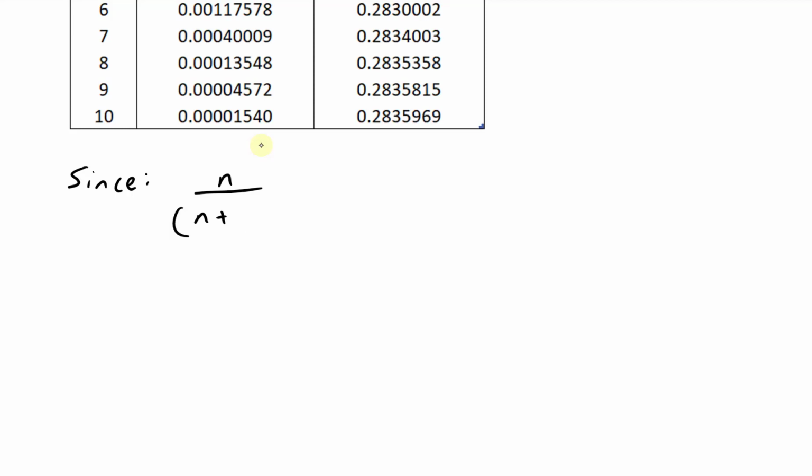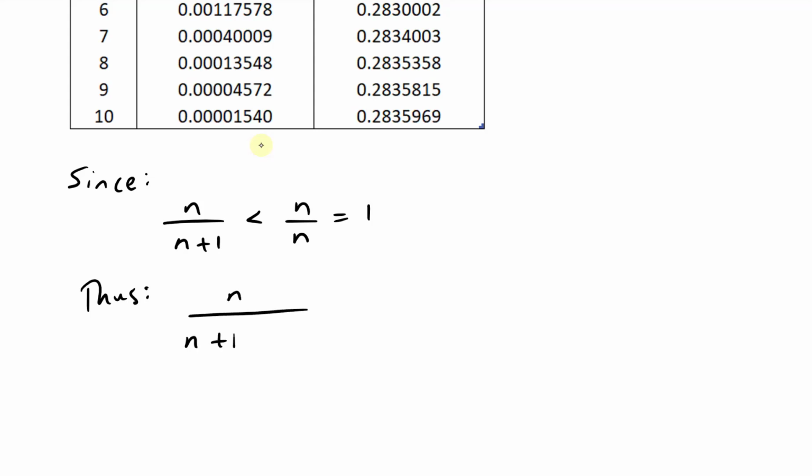Since n over n plus 1 is going to be less than n over n, because here we're dividing by an extra plus 1, so we're dividing by a larger number, this is going to be less than 1, where n over n equals 1. Thus the entire term, n over n plus 1 times 3n, is going to be less than n over n times 1 over 3n.